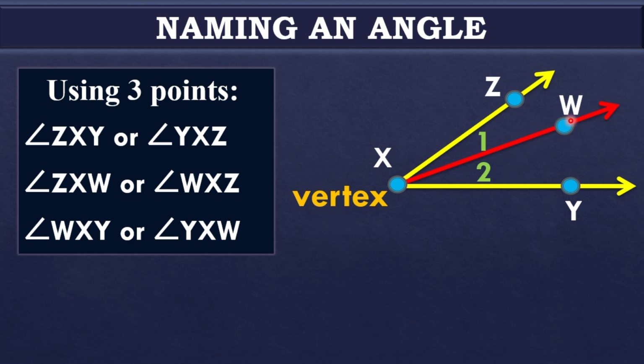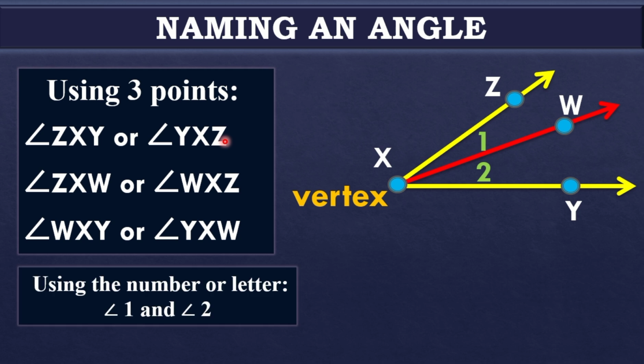So, W, X, Y, or Y, X, W. So, in this figure, we have three angles. So, this is your first angle, this is your second angle, and this is your third angle. Okay. So, using 3 points, ito po ang kanyang mga pangalan.